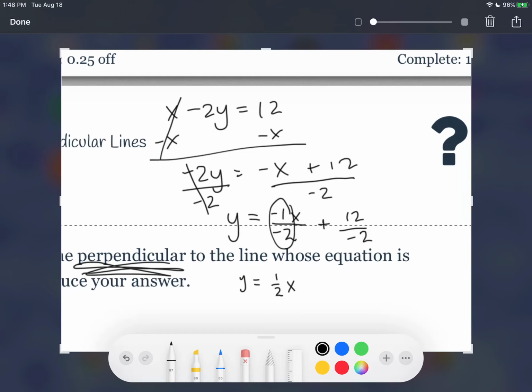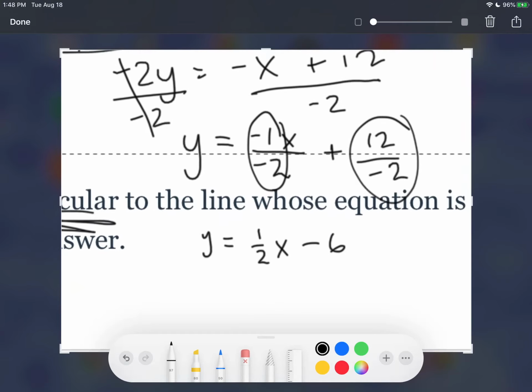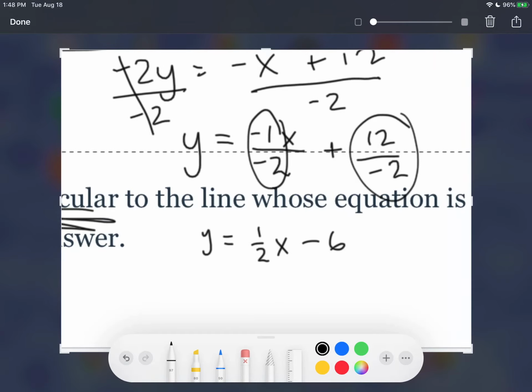And then 12 divided by negative 2, that's just minus 6. So instead of plus 12 over negative 2 it is just minus 6 now. Okay, so now with this equation, I want you to know that this number in front of your x, that is your slope. So in this case, our slope is 1/2.